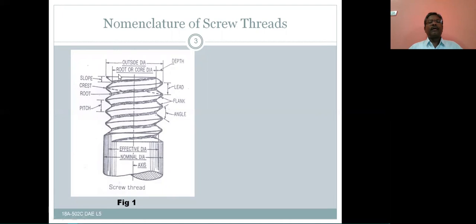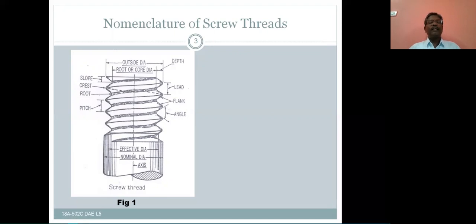This is the outer diameter or nominal diameter, gross diameter, and major diameter. And the perpendicular distance from root to crest is the depth of thread. This is all about the nomenclature as we have seen in the earlier lessons.